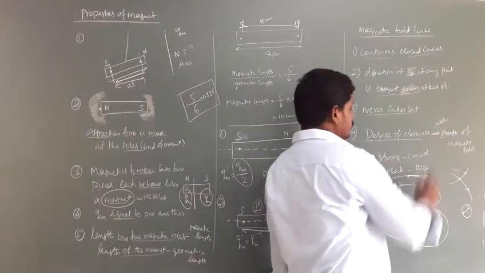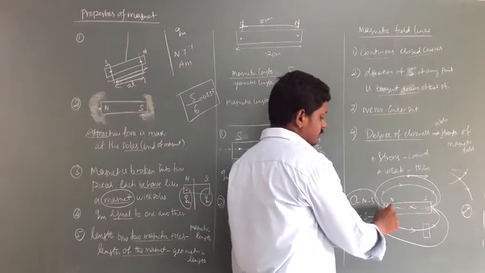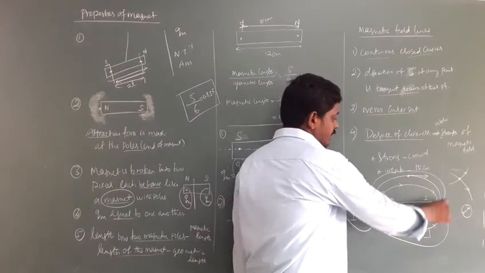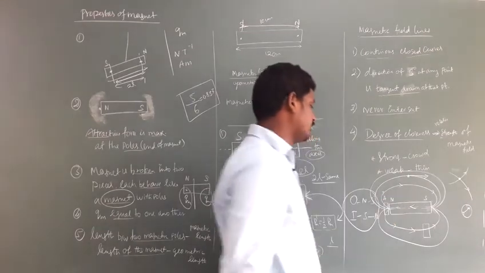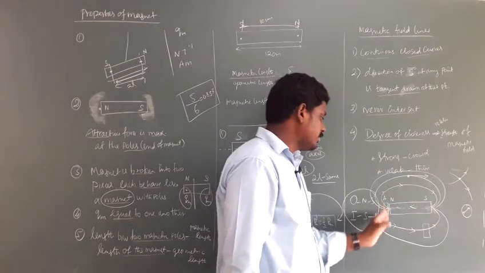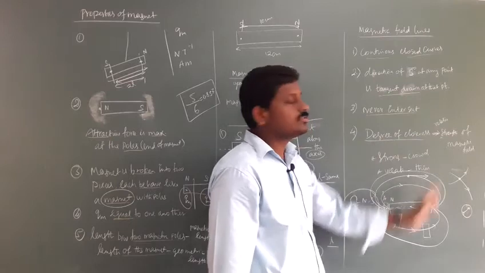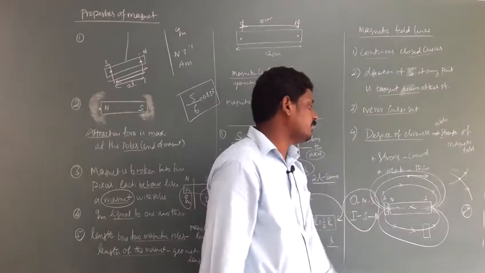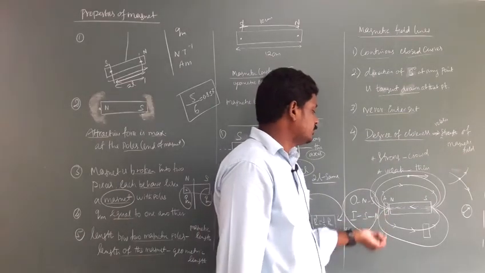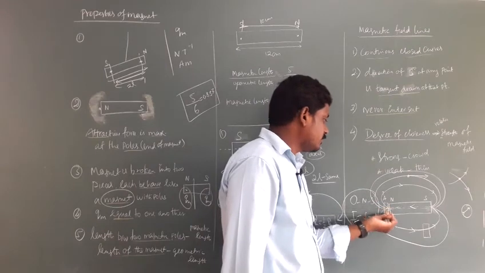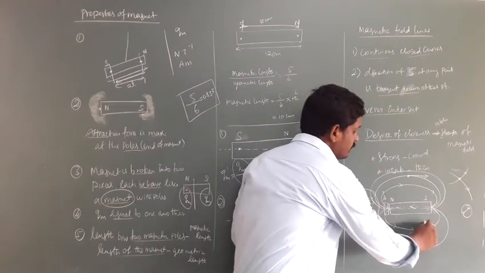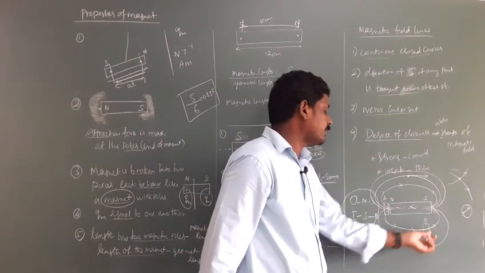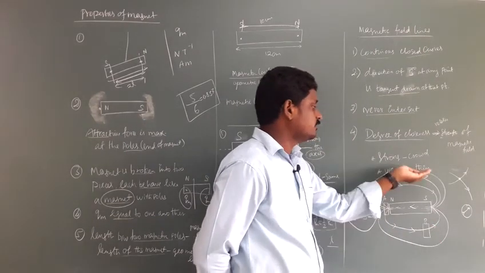Then the degree of closeness. More magnetic field lines close together means, just see that the surface A has more lines, that is crowded. So the degree of closeness gives the relative strength of the magnetic field of the bar magnet. More lines, so that is crowded. Crowded means stronger. Here at B you have only one magnetic line, that is weak, so it is thinned out.